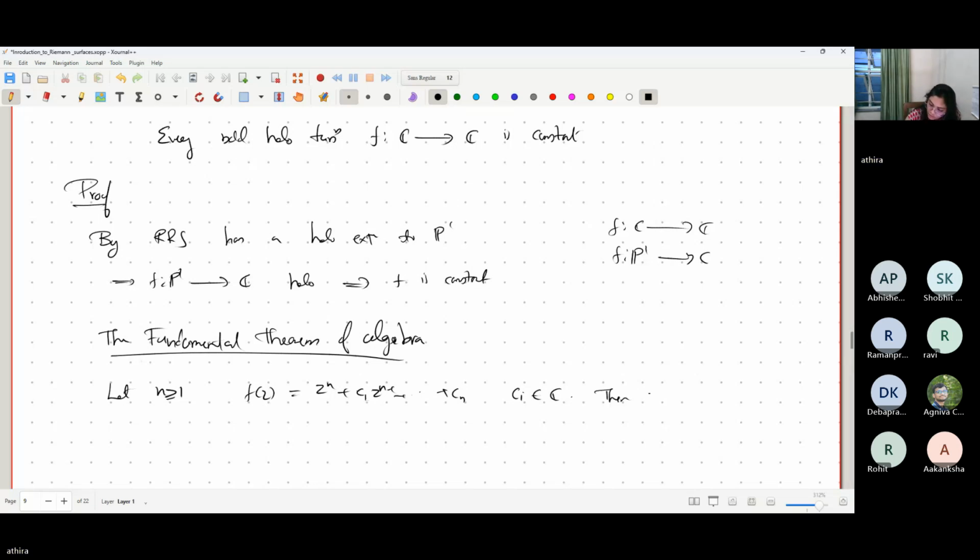Then there exists at least one point a in C such that f has 0 at a.